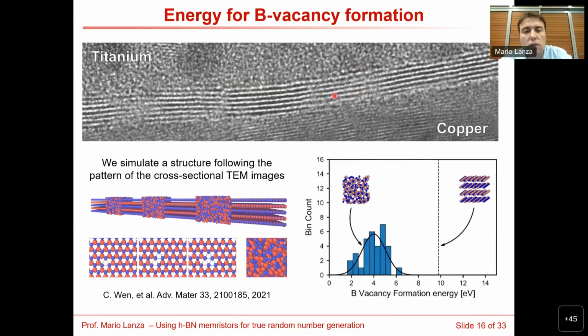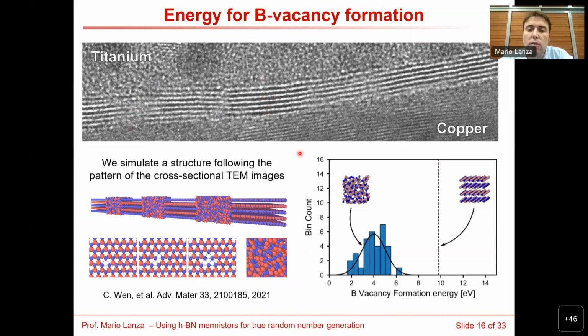We have also checked not only how the electron transport behaves, but also what the energy to form defects is. So here you can see a cross-sectional TEM image of multi-layer hexagonal boron nitride grown by chemical vapor deposition, in which you can see some native defects. You see here. So we simulate this by atomic scale simulations and observe that the energy that you need to form a boron vacancy in this part of the material is around 10 electron volts.